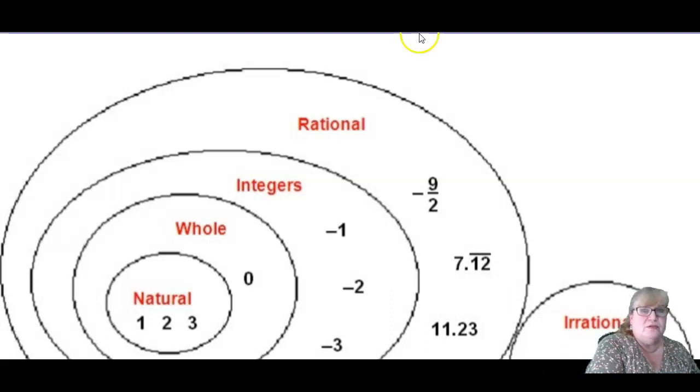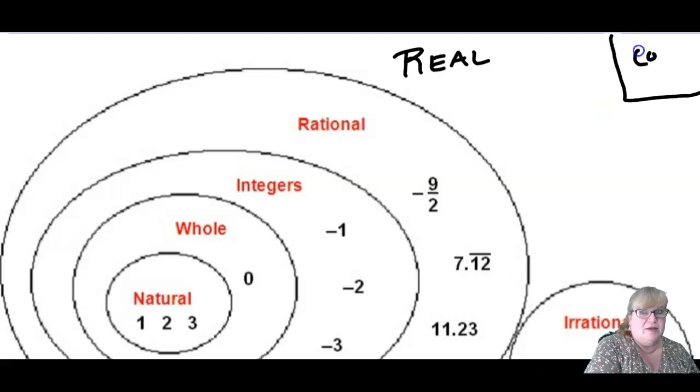Real numbers is this whole broad category that includes everything except, you could branch off over here and put our complex and imaginary friends, all the i's. Everything else is real.